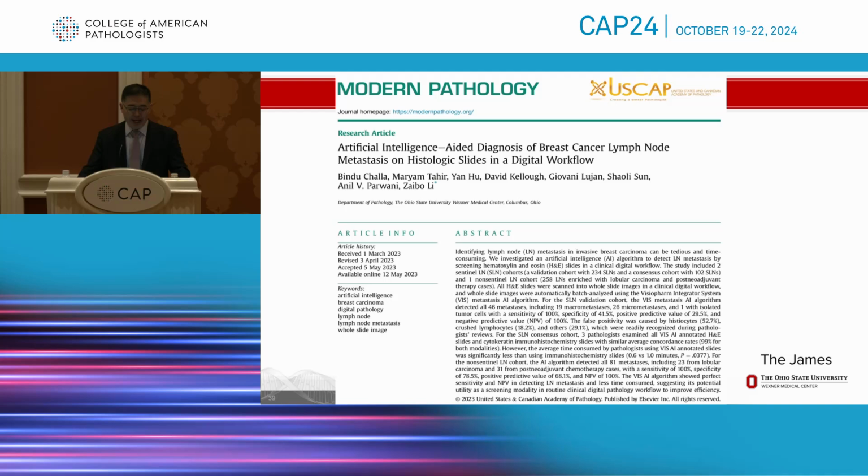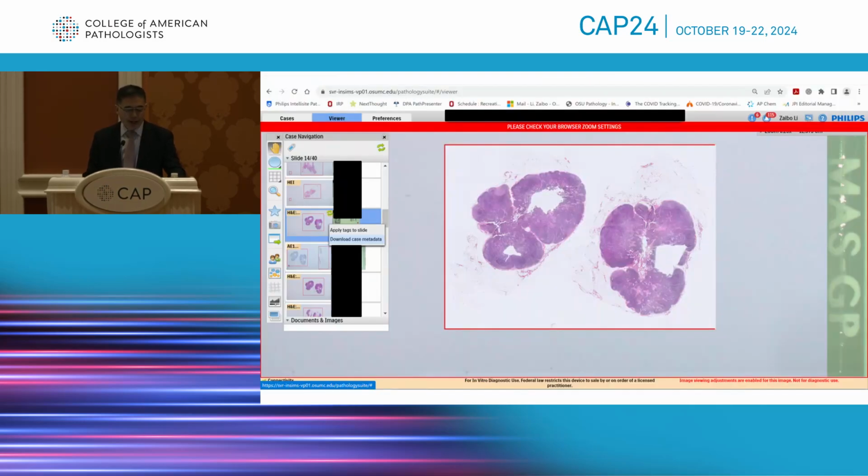metastasis detection. In our institution, we use AI tools to screen those lymph nodes. We summarized our results and published the validation result, I think, last year. I will go through this process. So this is our IMS, image management system.